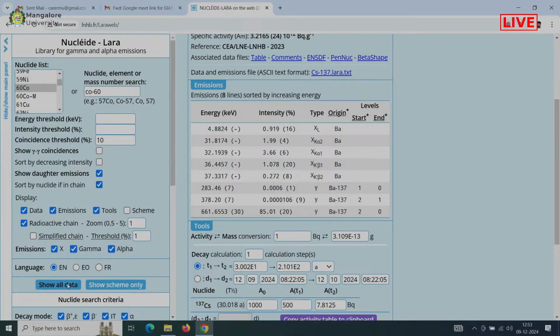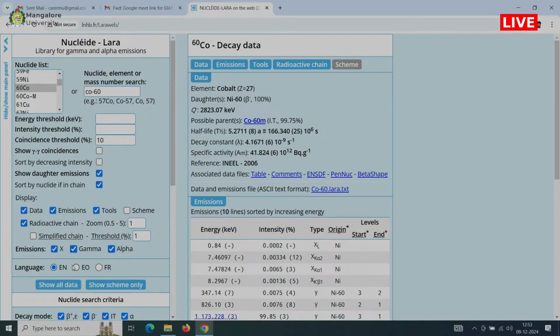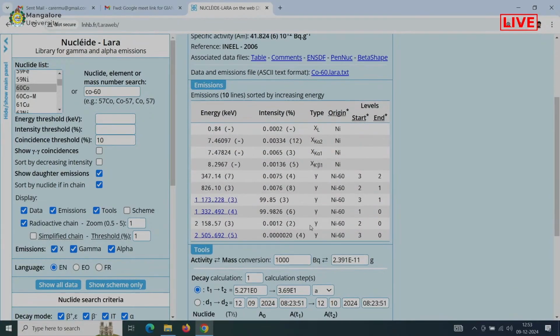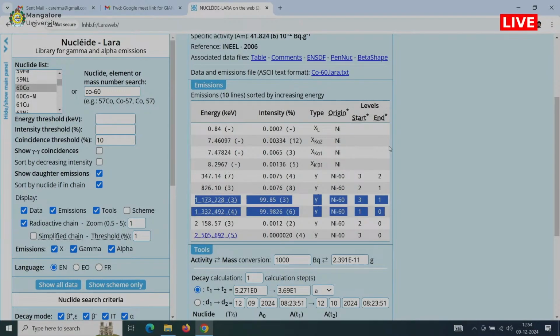So all data. So these are the main emission lines coming out. Let's look at the activity to mass conversion. 1 kilobecquerel refers to this much.